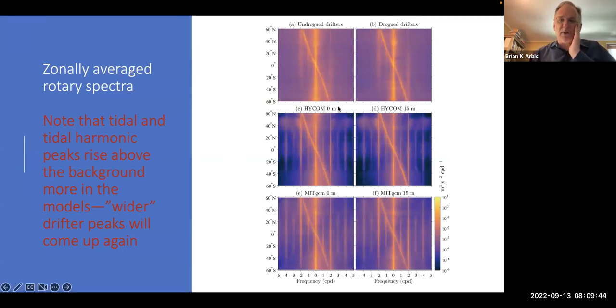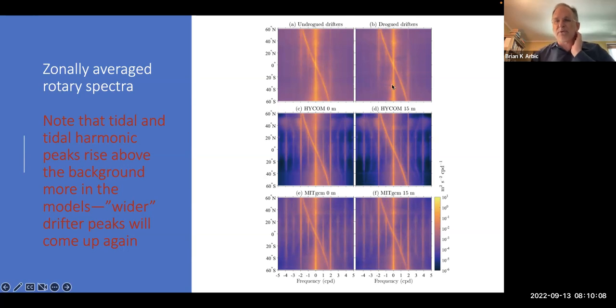These are the zonally averaged rotary spectra, with frequency on the x-axis and latitude on the y-axis. From the undrogued and drogued drifters is at the top, HYCOM 0 and 15 meters in the middle, MITgcm at the bottom. This feature here is the near inertial band, very strong. The zero is, of course, the low frequency.